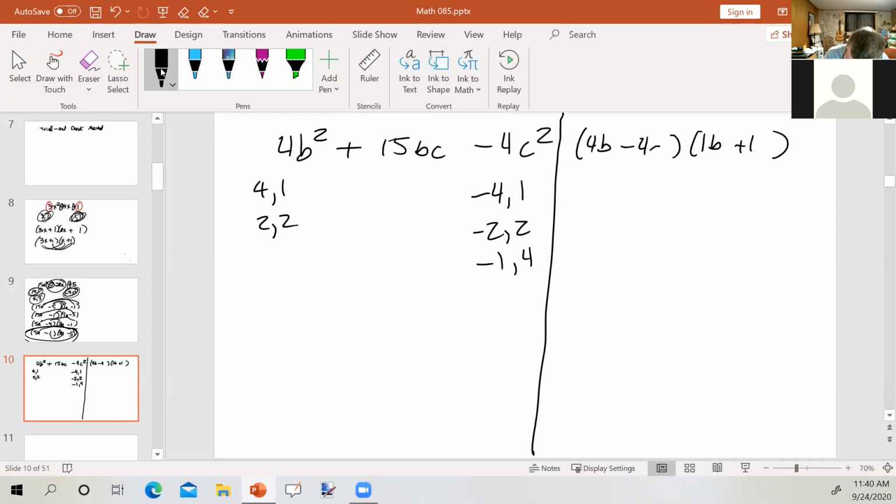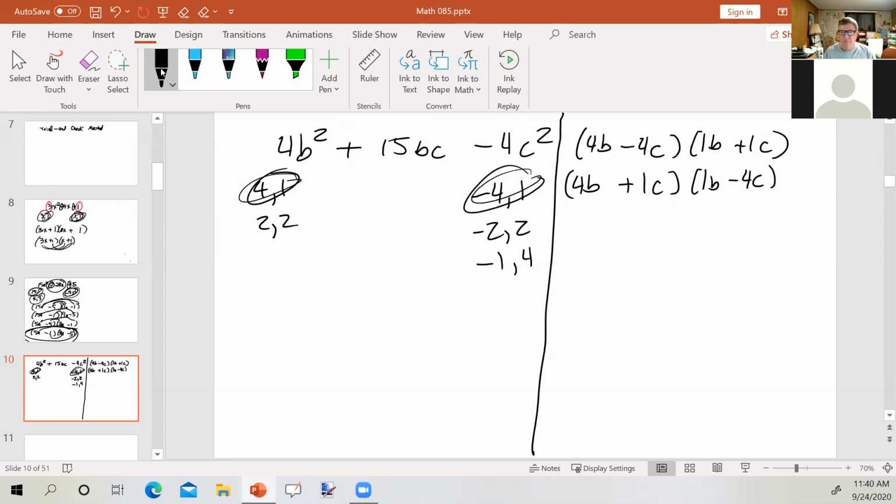Oh, but I've got c's there at the end, don't I? Okay. Or I could have a 4b and a 1b and a +1c and a -4c. So again, I'm taking every combination of these with those. All right. Now I'm going to take the combination of those with those.